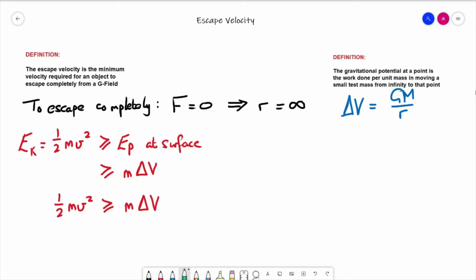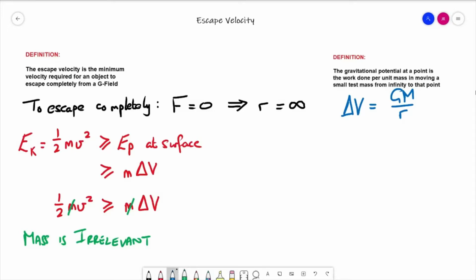Now at this point you'll see that the masses cancel out, and what that implies to us is that the mass is irrelevant. In other words, the escape velocity, at least theoretically, for an electron would be exactly the same as the escape velocity for a space shuttle or something like that.